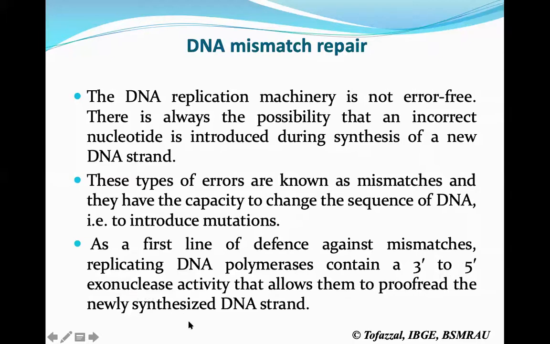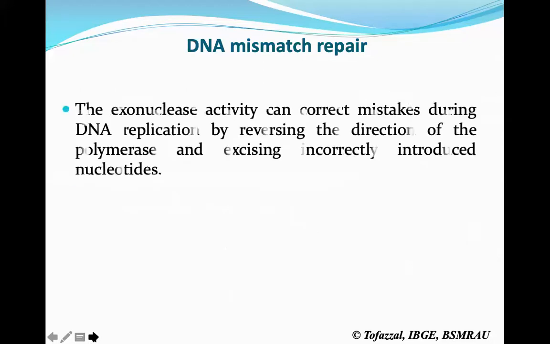Exonuclease, another enzyme, is a proofreader. It checks whether the right nucleotide is binding with the right nucleotide or not, for example whether A is binding to T or G binding to C. Otherwise, it would be wrong, and it would be detected and corrected. And if it is not corrected, then mutation would take place.